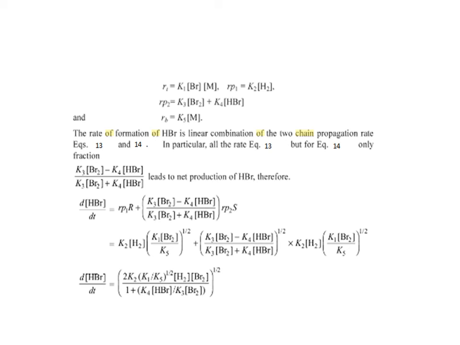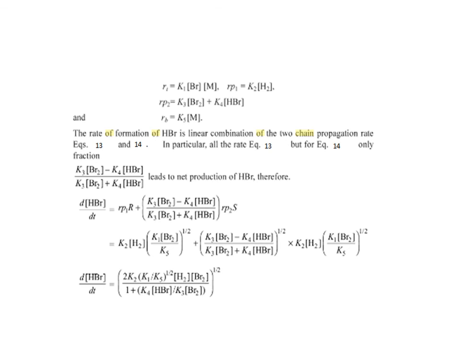This will be equal to K2H2 into (K1Br2 over K5) to the power 1/2 plus (K3Br2 minus K4HBr) over (K3Br2 plus K4HBr) into K2H2 into (K1Br2 over K5) to the power 1/2.